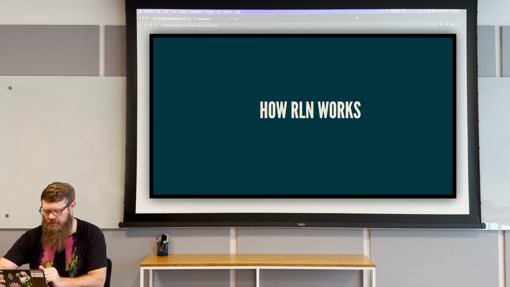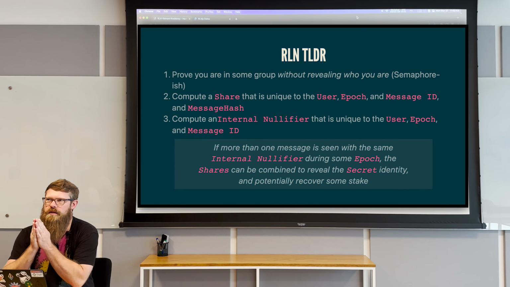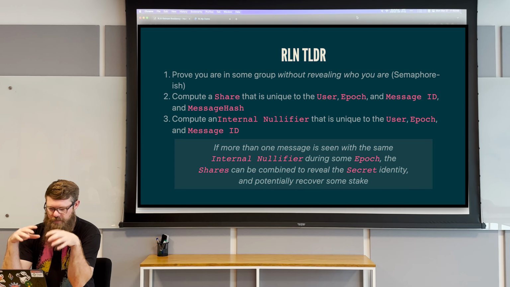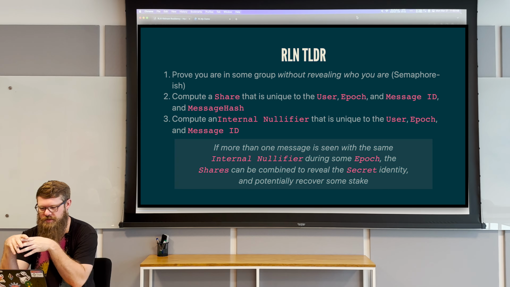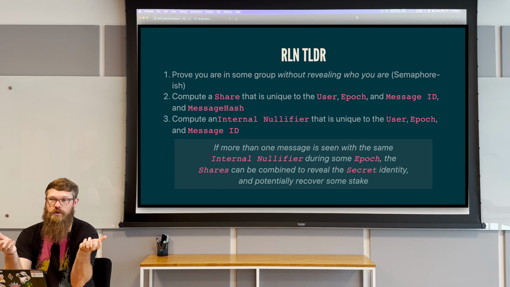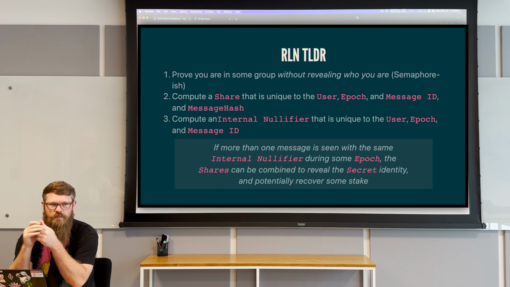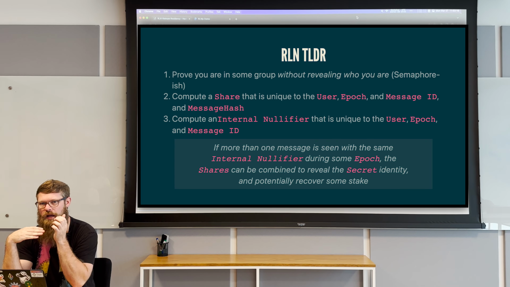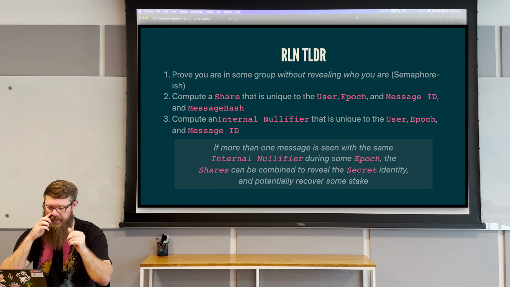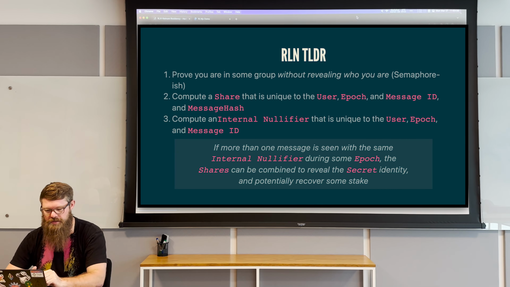All right, so there are a couple of simple steps to make RLN work. The first one is proving you're in a group while not revealing who you are, which is basically Semaphore. Then you create a share for Shamir secret sharing that is unique to the user, the epoch, the message, and whatever your rate limit is, which is the message ID in this case.